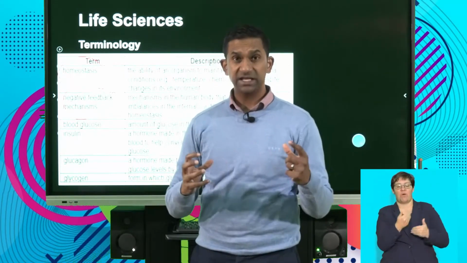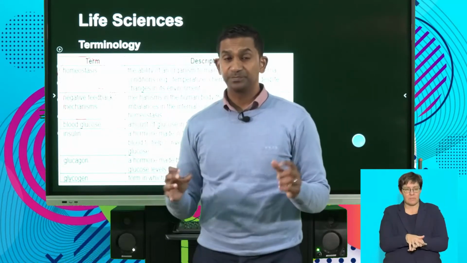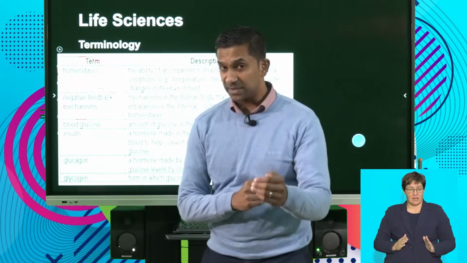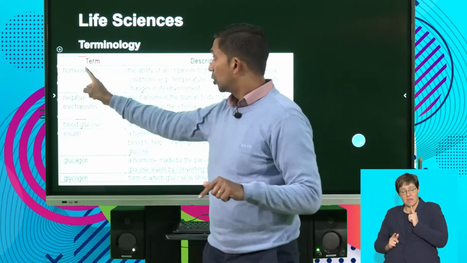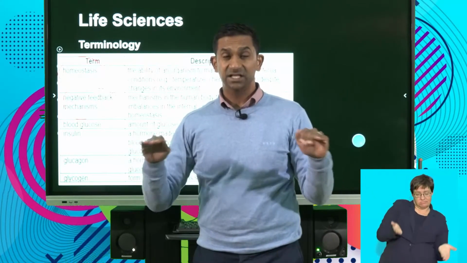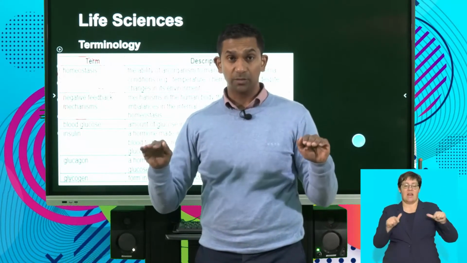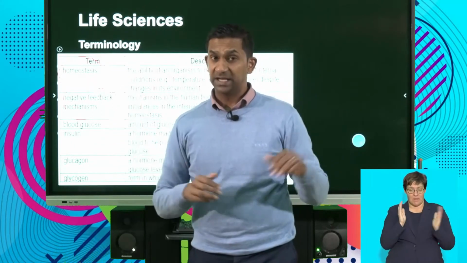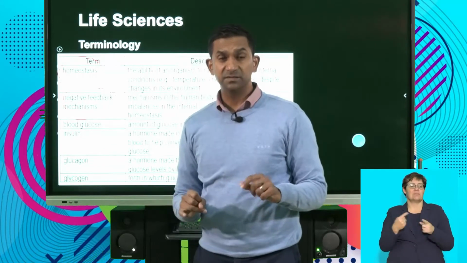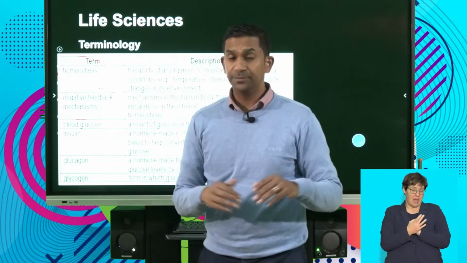So if we put that together, it essentially points to processes in the body that respond in an opposite manner to bring about homeostasis. And essentially this is what maintains the blood sugar levels within the body within a normal level. And we find that this process of negative feedback mechanism is fundamental to many other processes in the body.